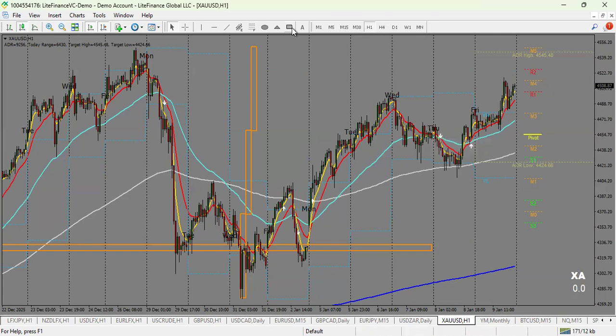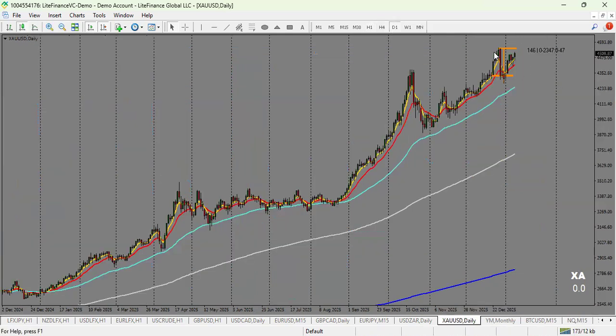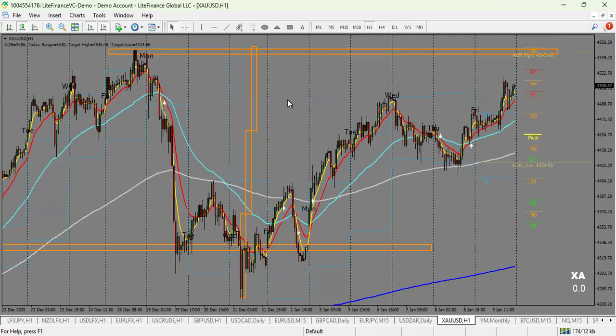You can see the 3 times ADR ends on this area of resistance. So right now, I think we should wait for the market to reach this area and form a big M on the daily time frame for us to take a sell.